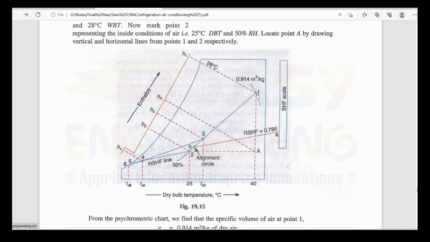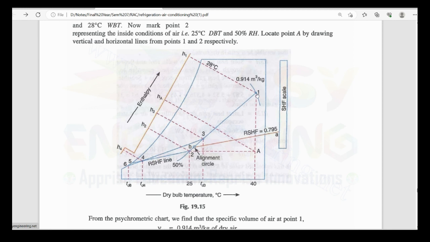In this way we can draw our point number 1. Same for point number 2. Here we have 25 degrees Celsius dry bulb temperature and 50% relative humidity. So here the humidity ratio lines are like this. This curved line is for 50%. So where they intersect, that should be our point number 2.